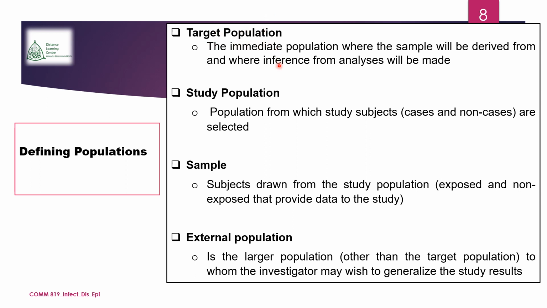Okay, then within the target population you have your study population. So which means within the 1 to 5 years you may be interested in all males or all females, or only those with blood group A or AB. Okay, so you select your study population based on that. Then your sample.